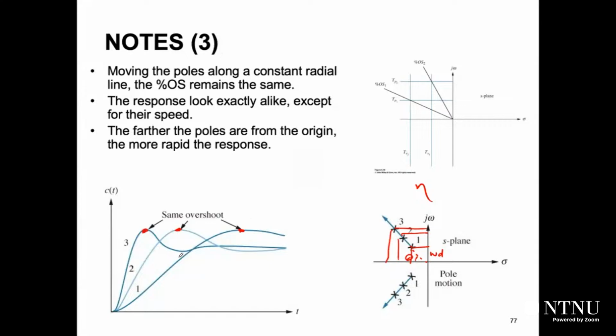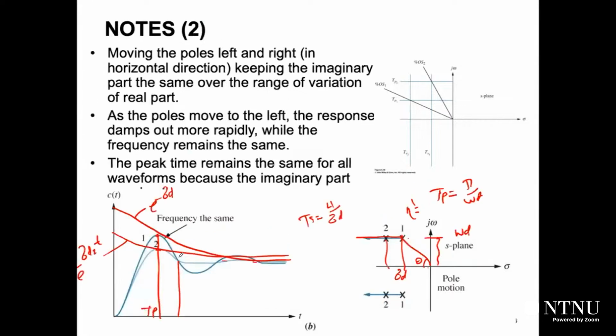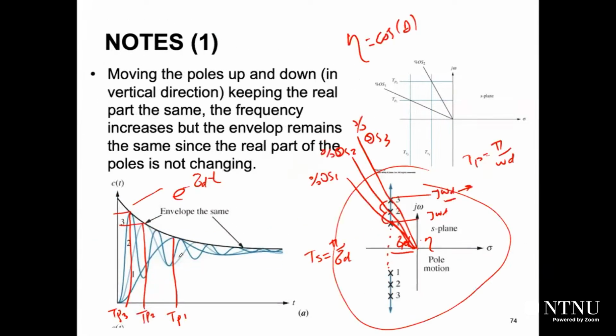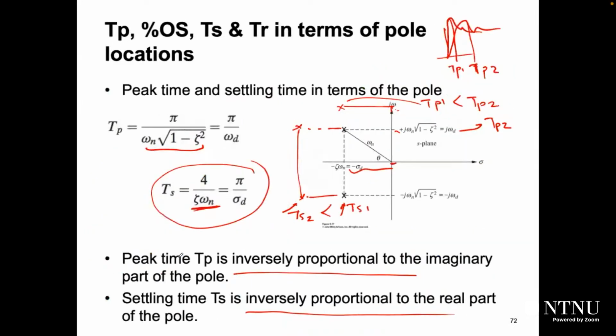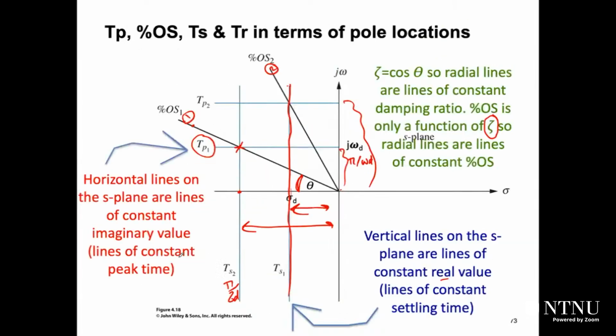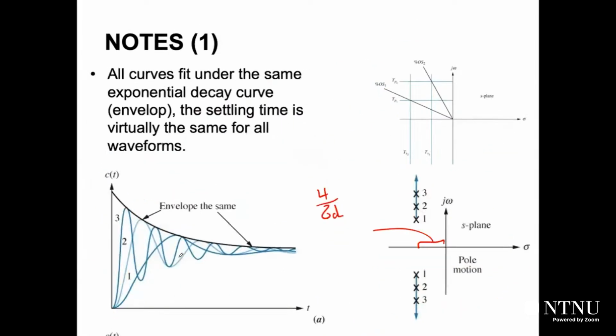About the peak time: it's pi divided by omega d, right?